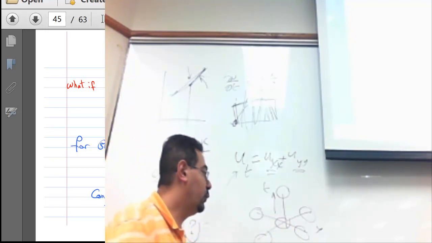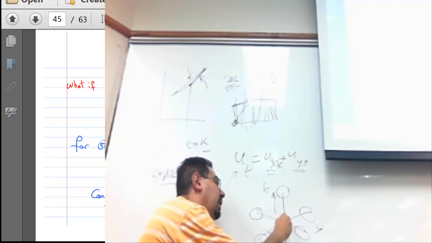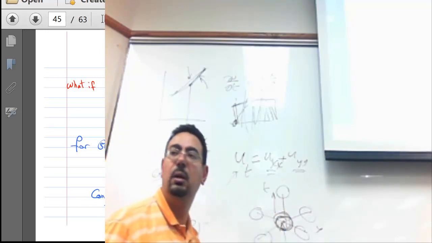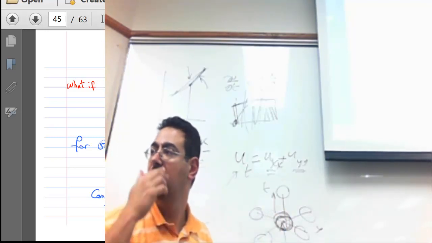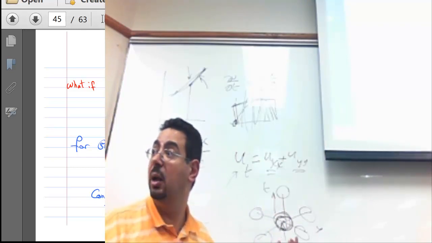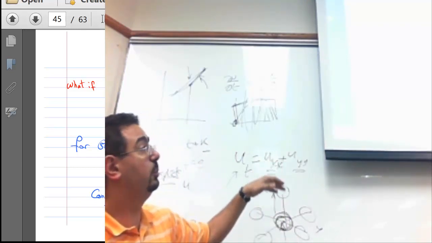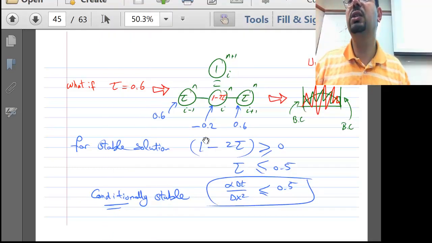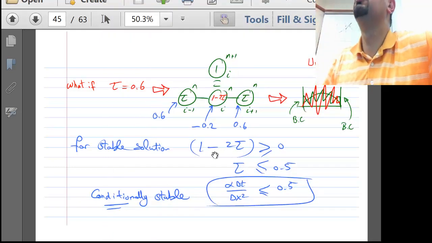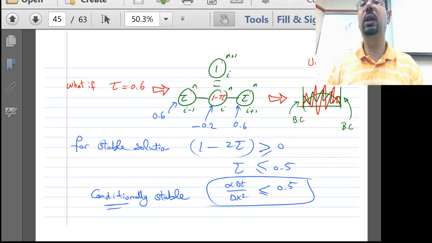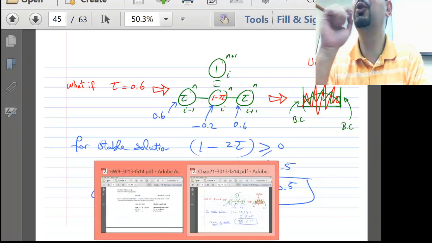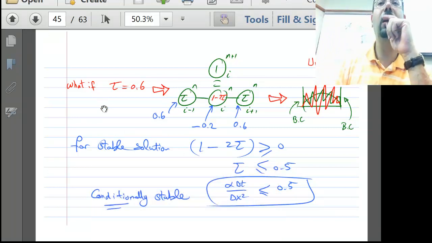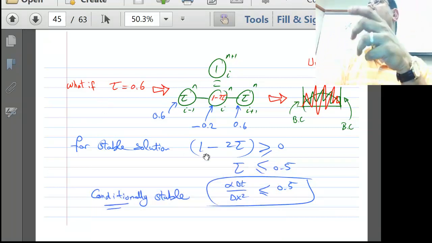The stability criteria for this formula is to make sure that whatever shows up here needs to be bigger than 0. You cannot allow this number to go negative. So it will not be 1 minus 2 tau, right? Can you guess what it will be? It will be 1 minus 4 tau. Why did you say minus 4?